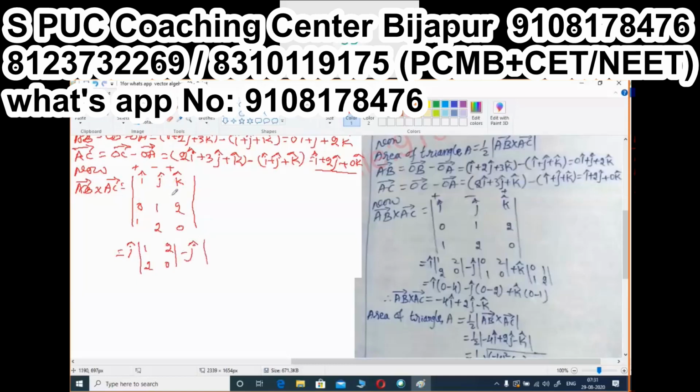So what comes now? If you leave this column, if you leave this row, you are going to get 0 1, 1 0.